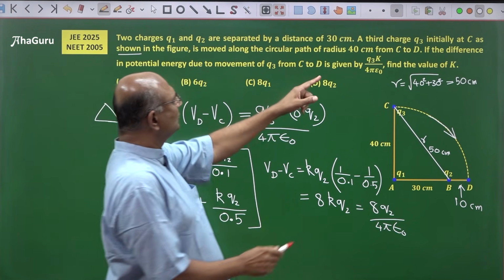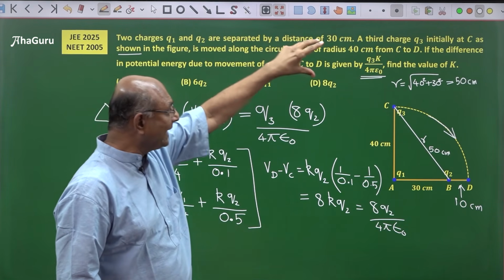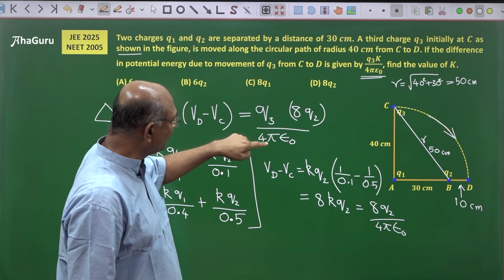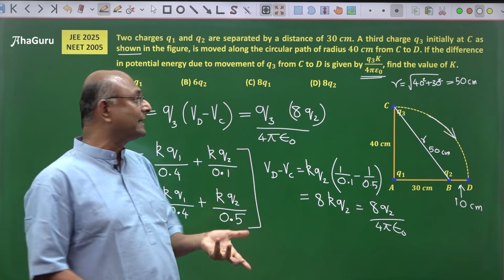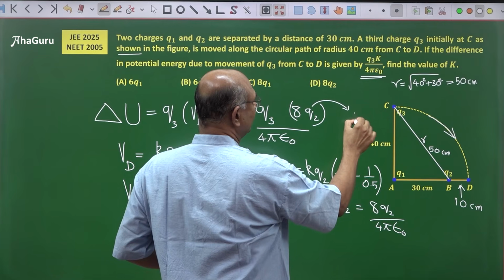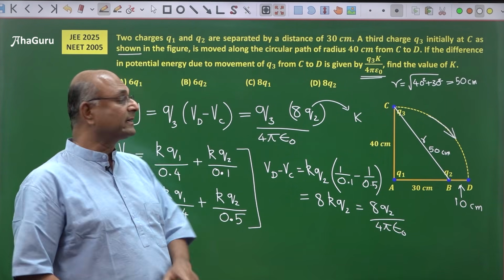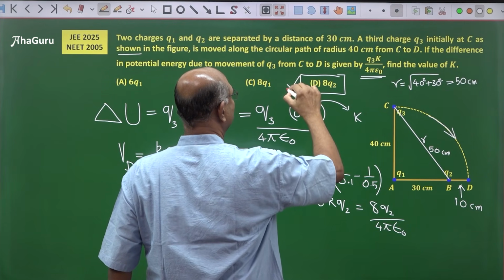Now we want to write the answer in this form: Q3 into some K, capital K, by 4 pi epsilon naught. Notice Q3 by 4 pi epsilon naught is sitting here. So just comparing these two, this must be capital K. And the question is, what is capital K? Answer, 8 times Q2. And so that is option D, 8 times Q2.